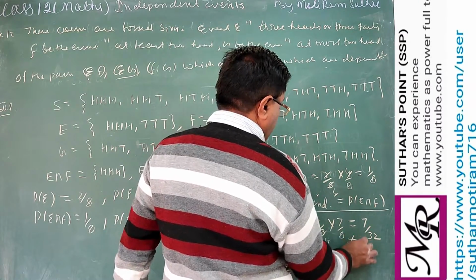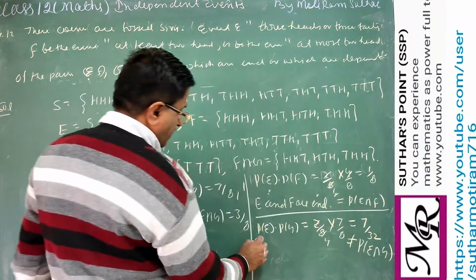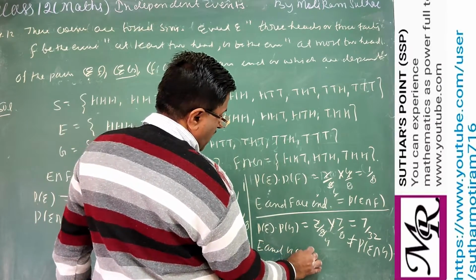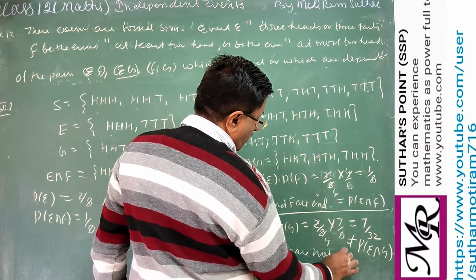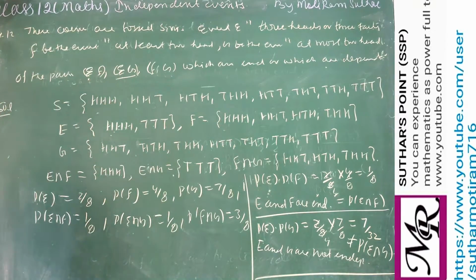So what we get? E and G are not independent events, they are dependent events. Clear?